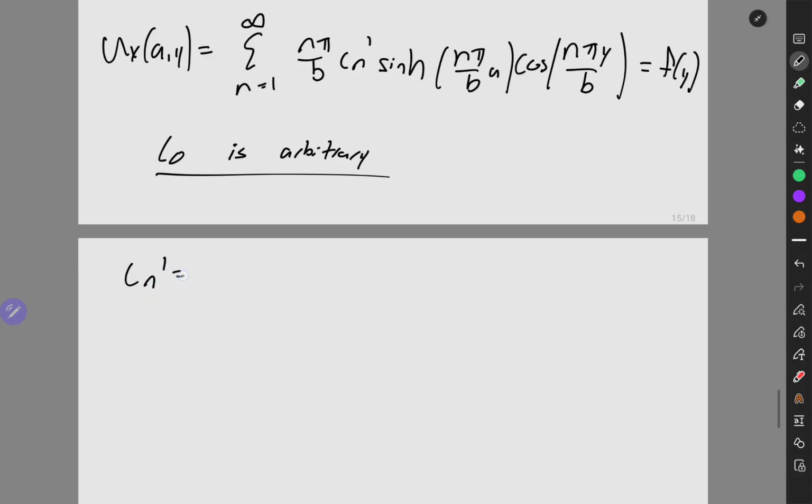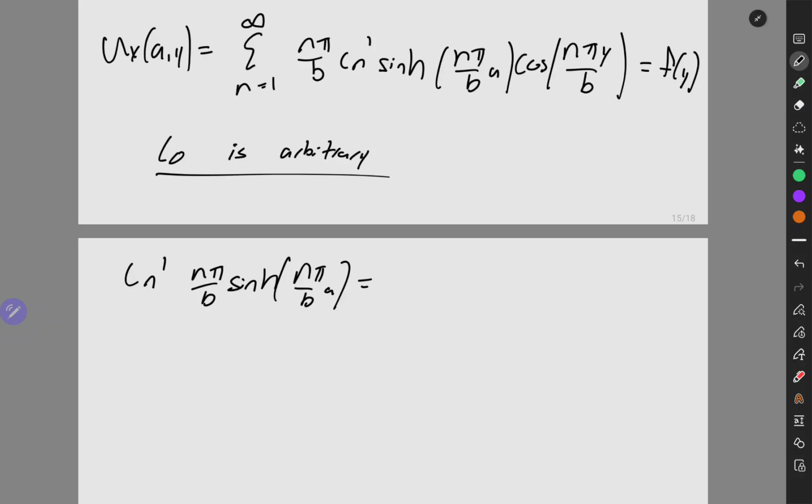Cn prime is going to be, see we have this cosine here, this sinh here. So it's going to be C of n times sinh, and it's actually going to be n pi over b times sinh is equal to the 1 over L, which would be b in this case, I believe.